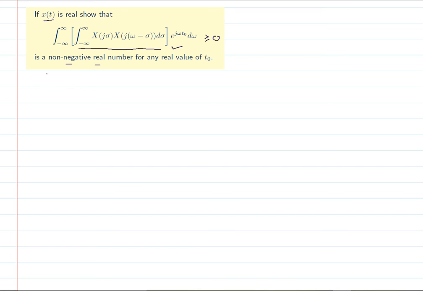Before we proceed, for clarity, let's assume this term is I. Hence we can write I equal to the integral from minus infinity to infinity, and the term inside the square bracket is nothing but X of j omega convolved with X of j omega, multiplied with e power j omega t naught, d omega.